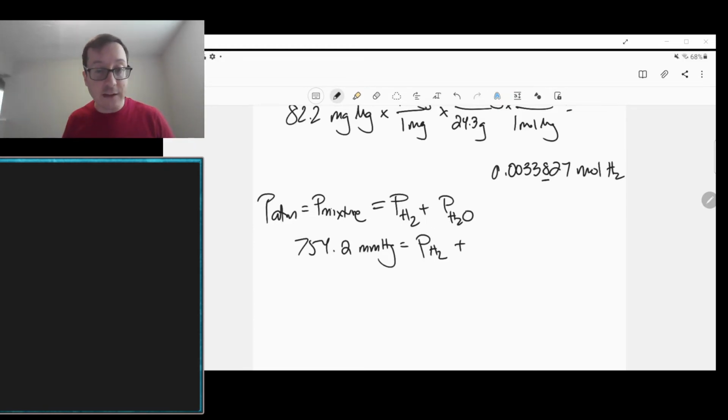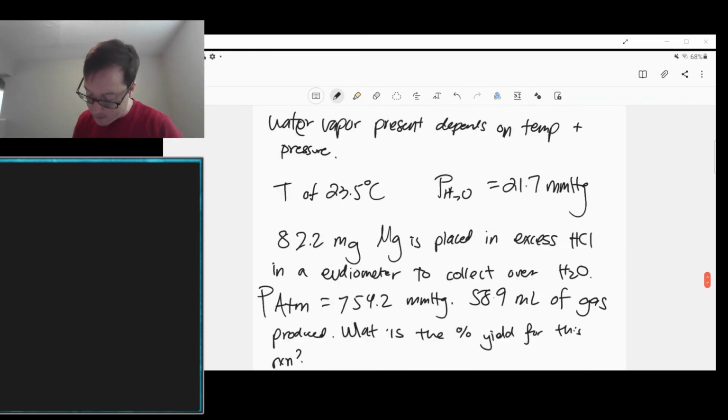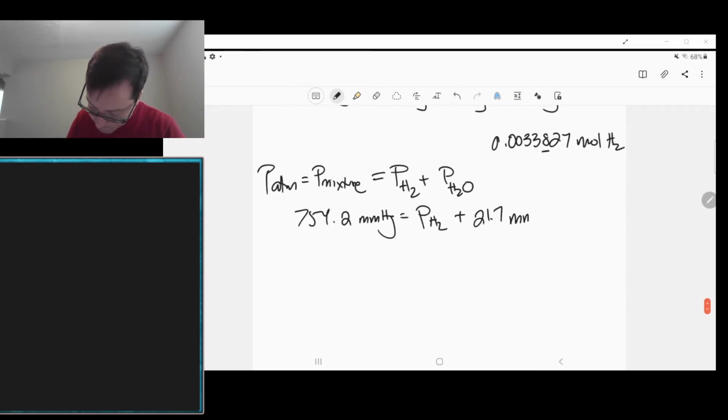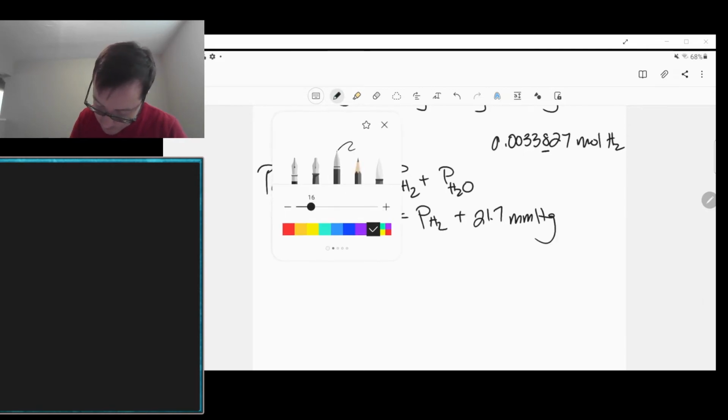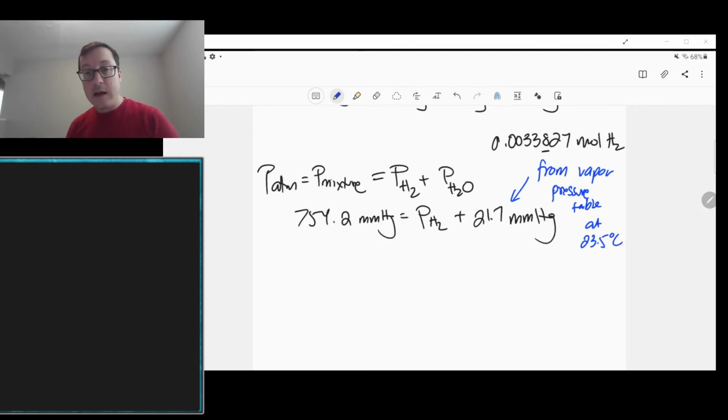And that we're going to have to get from the table. And I had written that down here. It's 21.7 millimeters of mercury at this temperature. This value is from the table. And so that number is from our pressure table.